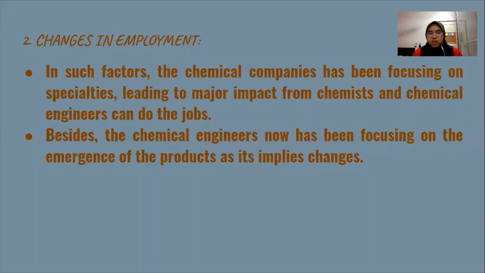Besides, chemical engineers are now focusing on the emergence of products, as this implies changes. So these two are the importance. So we can see why chemical product design is very important.